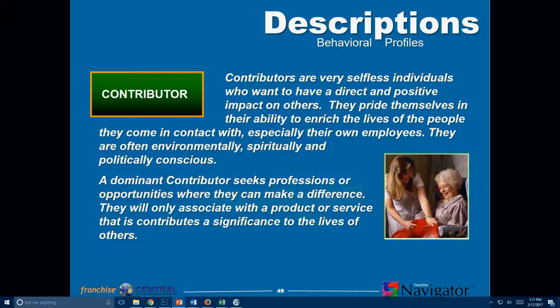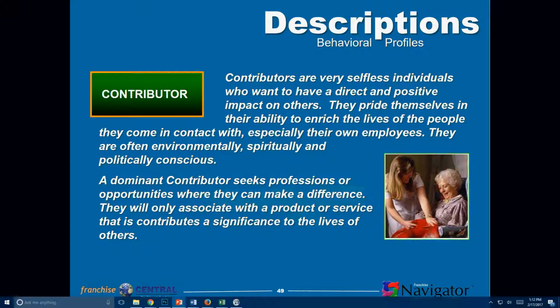Now, here's where some of the contradictions occur. Let's take the whole Bright Star space, caring for the elderly and things like that. Their franchisee profile is not the contributor.